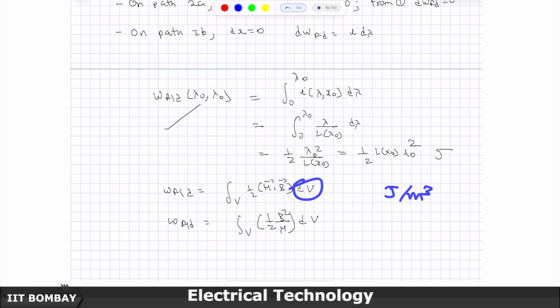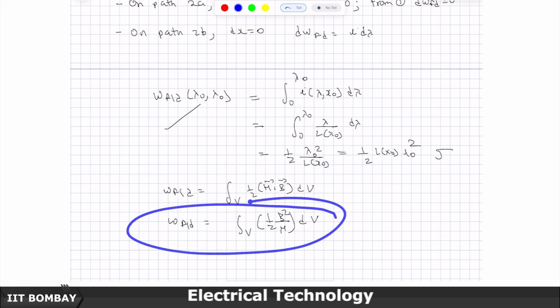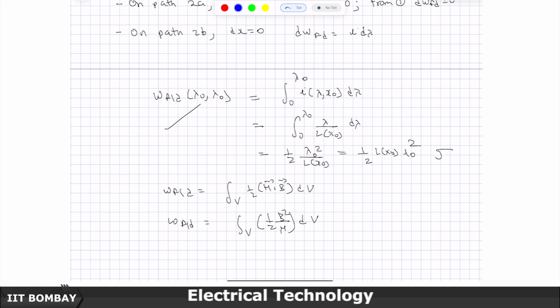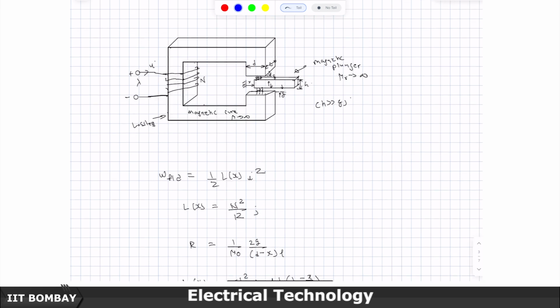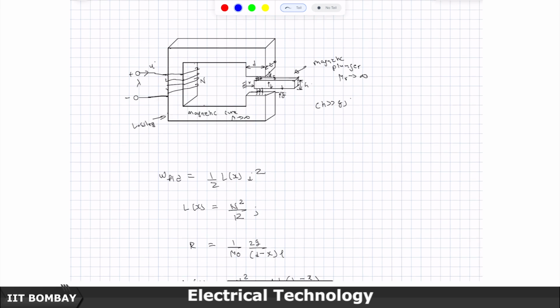So, you have to do a volume integral with respect to dV over the volume V. If B is written for a linear material, or even non-linear is okay, but if it is just a linear material, then you can write it as B by mu, and this equation will come out to this particular form. All right.